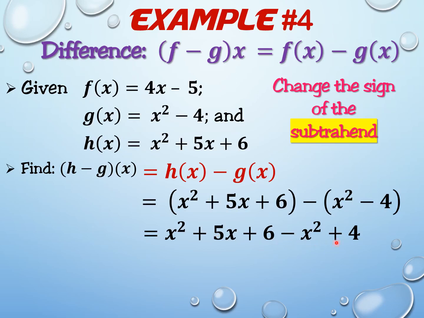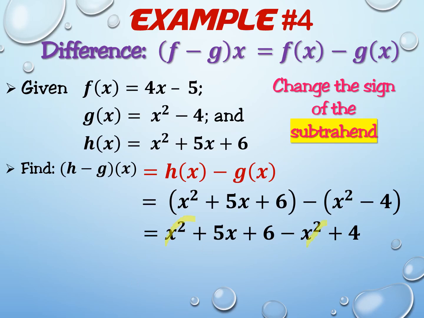Now, after changing the sign of all the terms in the subtrahend, we will now combine similar terms. So we will again apply the rules in addition. So which are the similar terms here? Okay, correct. So we have here positive x squared and negative x squared, but they have different signs, so we can cancel that one.